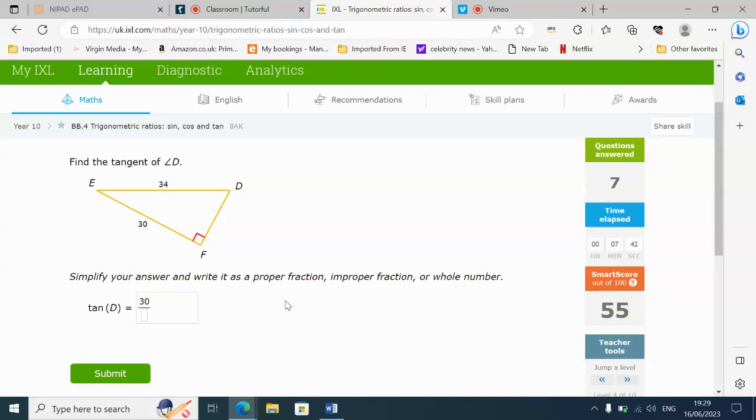For this we would do c squared minus b squared equals a squared. c squared is the hypotenuse, which is 34, and b squared is the opposite, which is 30.